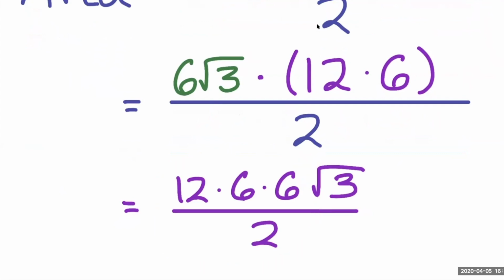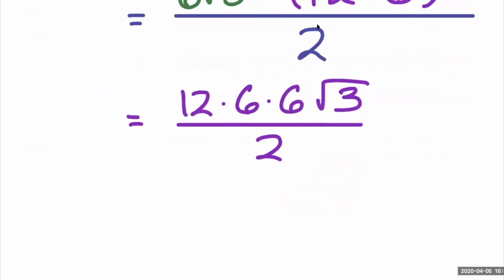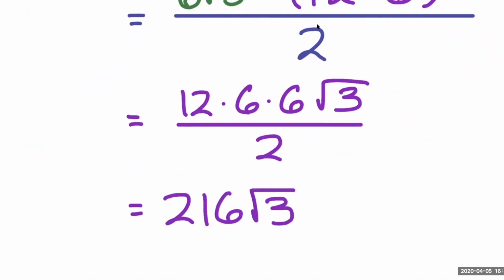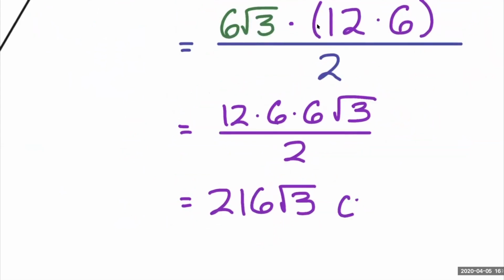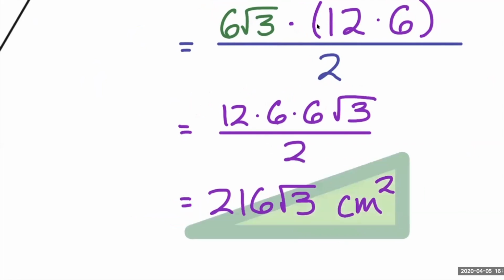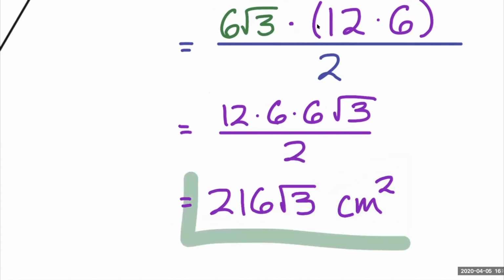In my calculator, I can go ahead and punch that in. I'm going to find that that is 216. We'll keep the root 3. Don't forget your units, centimeters, and we're talking about area, so centimeters squared. All right, but there's our answer.